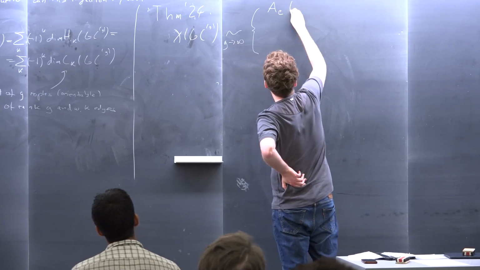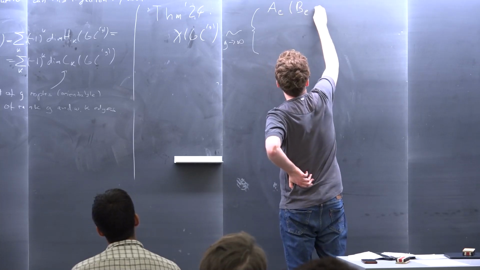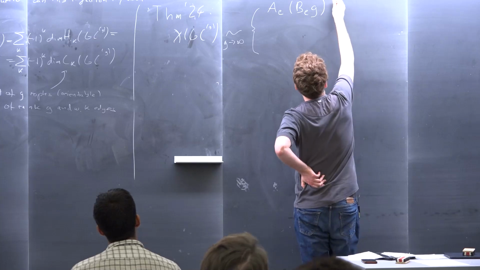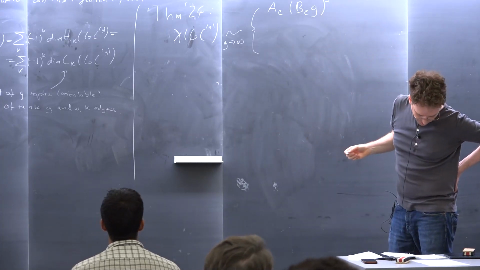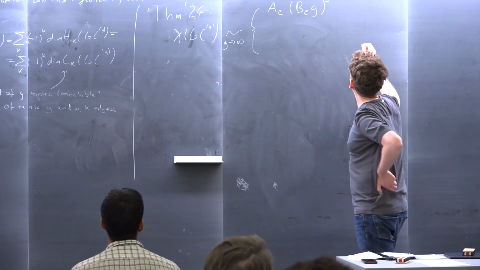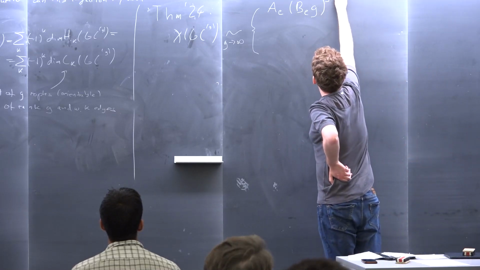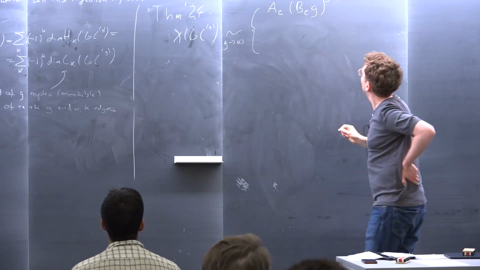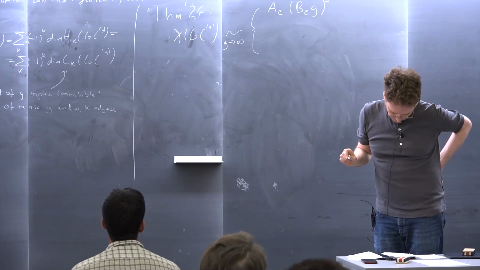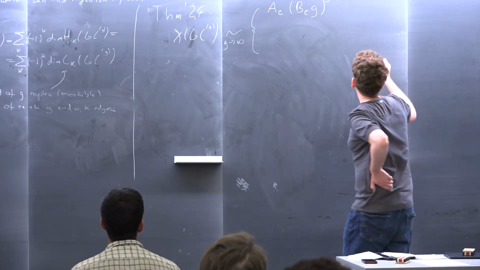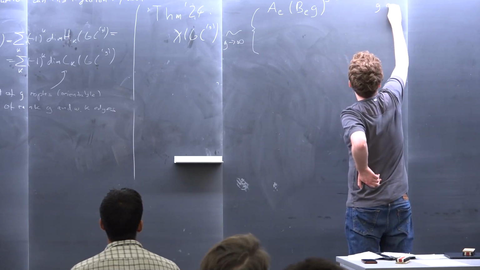So here's some constant, some other constant times g, and here's this g to the power of g minus 3/2. So this is for g even.